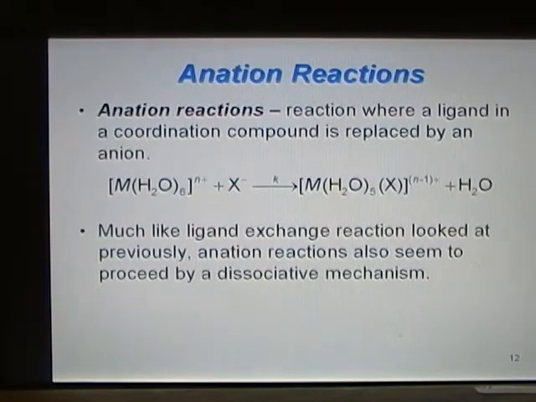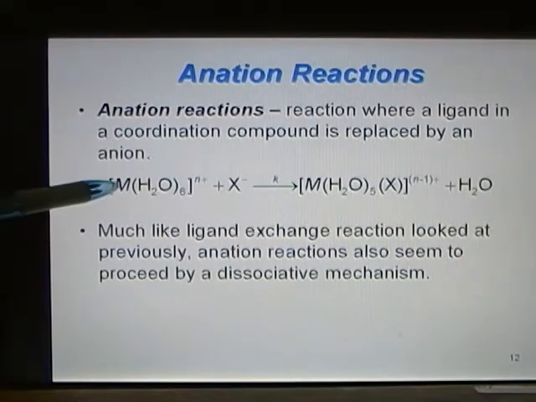We need more data to support this idea. We can use anation reactions to think about this as well. An anation reaction is a reaction where a ligand in a coordination compound is replaced by an anion.